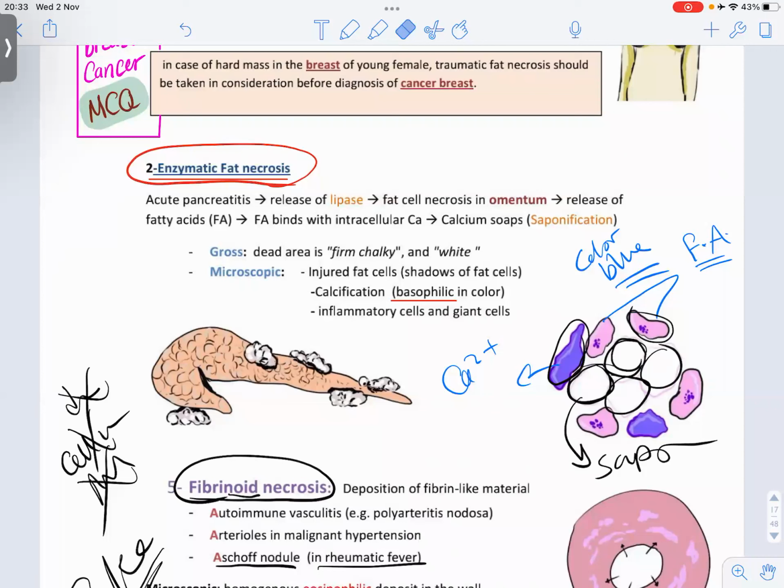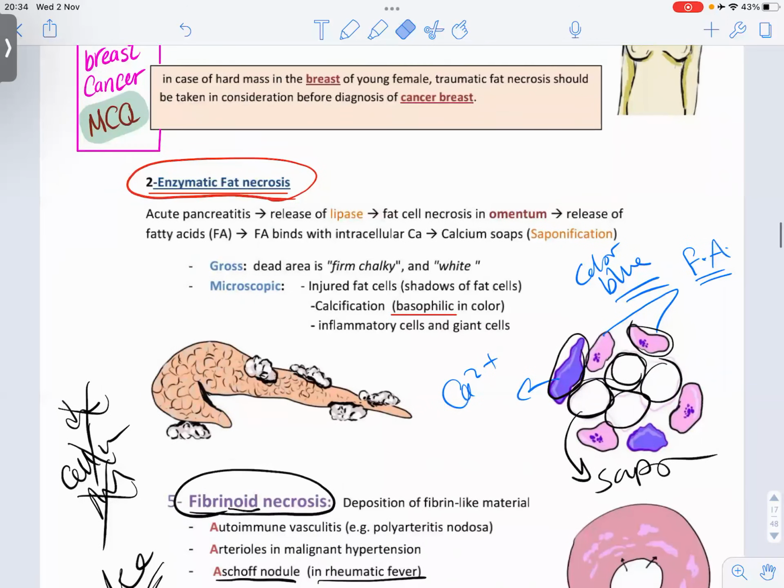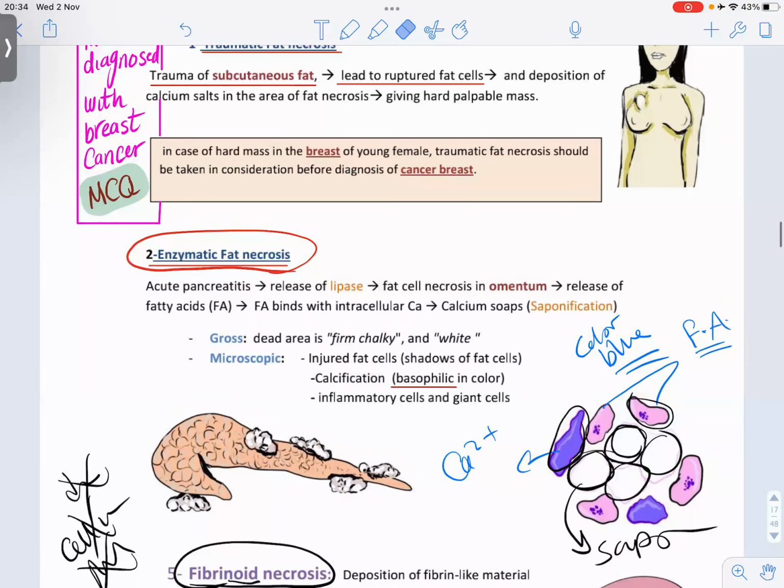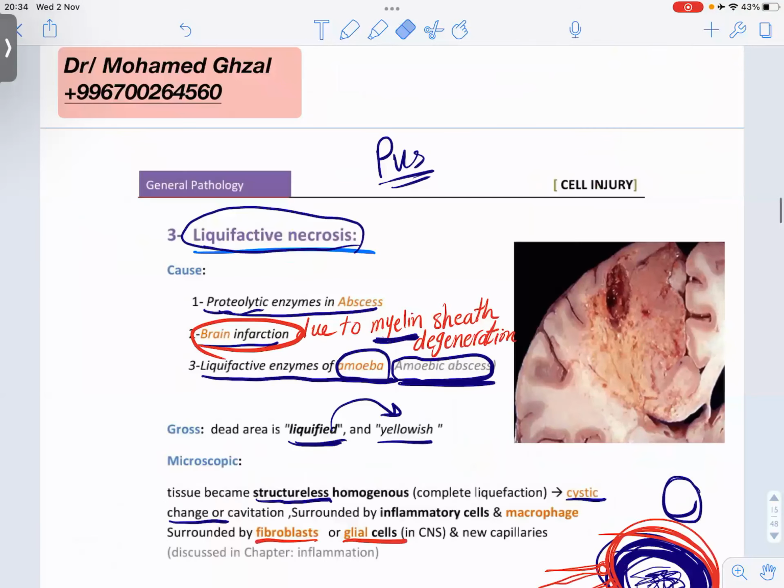And we know that necrosis is always surrounded by inflammation due to response of immune cells. Immune cells try to surround the necrosis, and fibroblasts try to surround the necrotic site. And we talk about four types of necrosis.